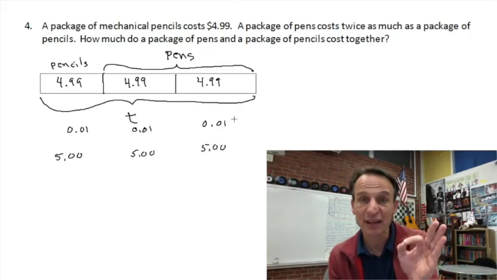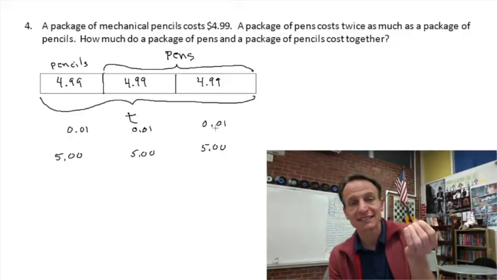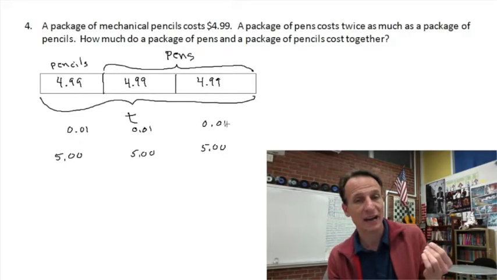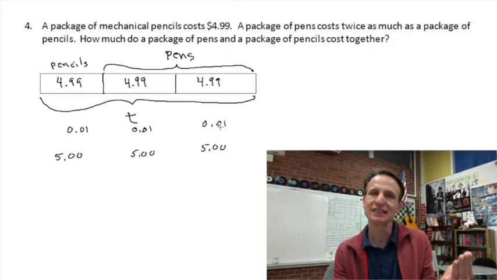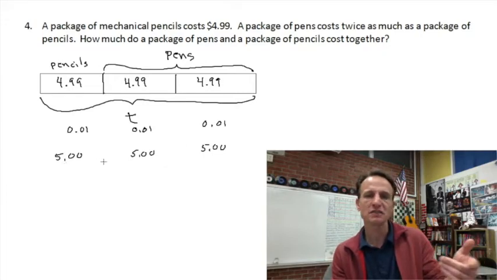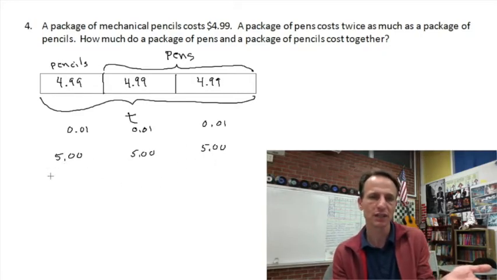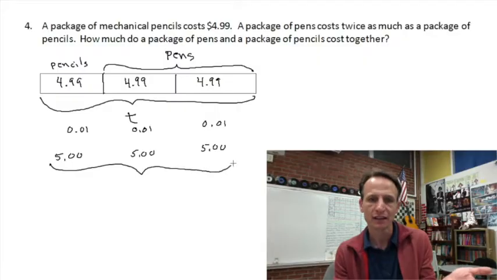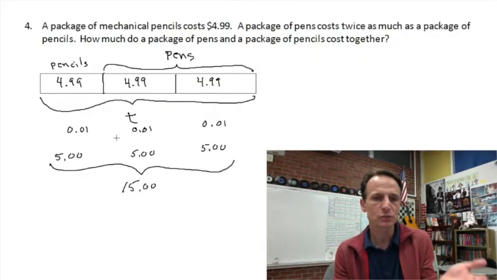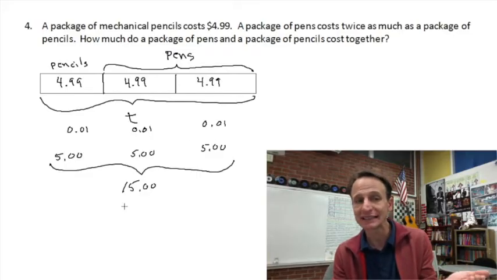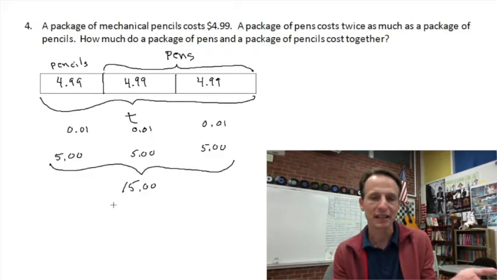And then after I do my math, I can go back and take those 3 pennies back out. Wouldn't that make life so much easier? To say, hey, $5 times 3, what is that? That's $15, right?